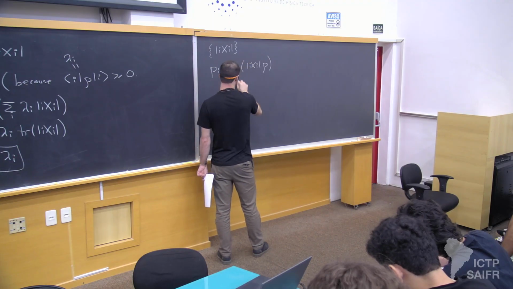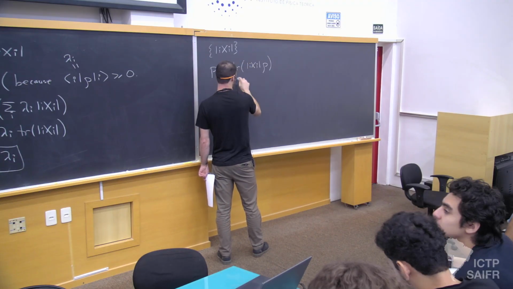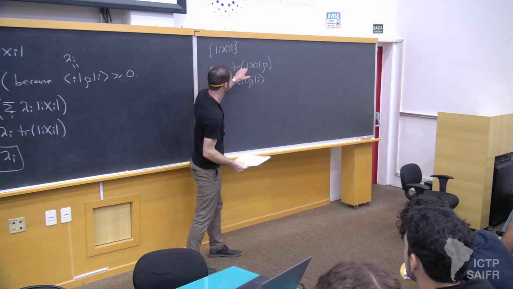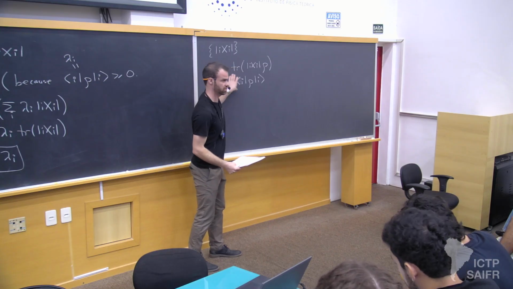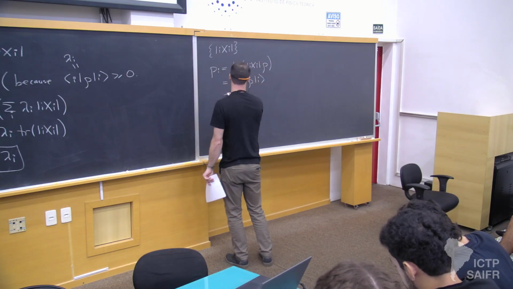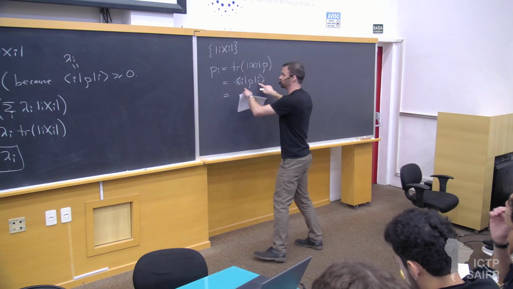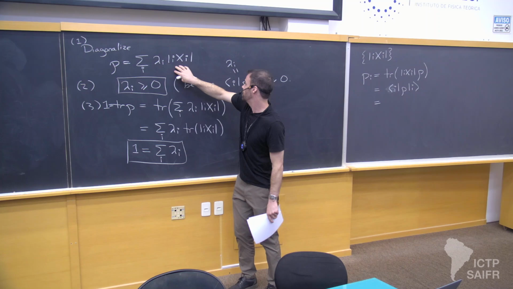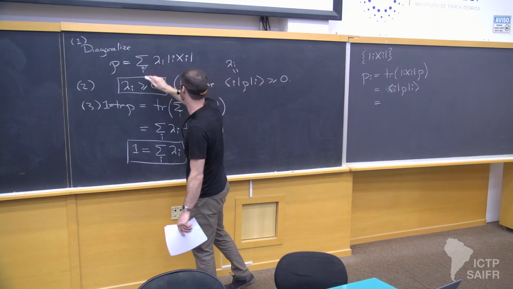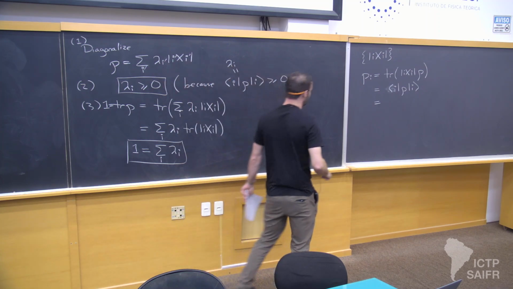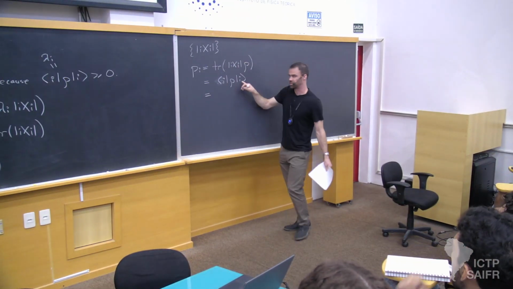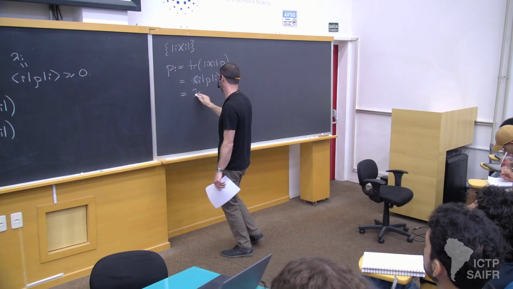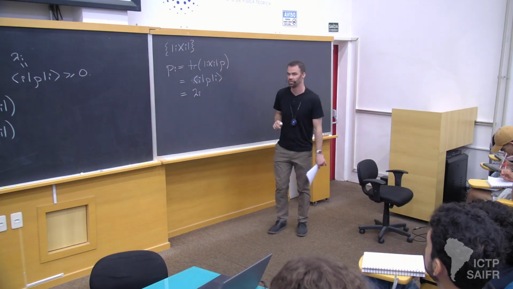Using cyclicity, that's <i|rho|i>, but it's a number, so the trace of a number is the number. And then if I compare this expression to this expression for rho, that inner product is just going to pick out, maybe let me call this index i prime, the ith term, and I'm just going to get lambda_i.